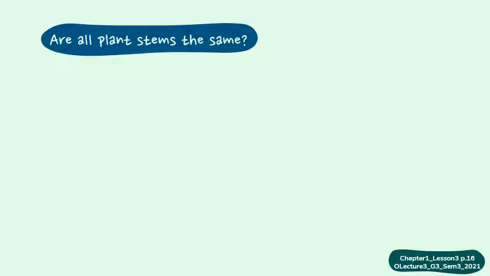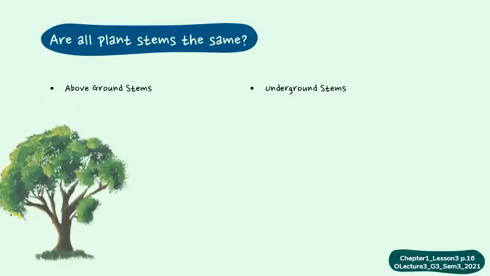Most stems grow above the ground, but there are also two types of underground stems. The 5 types of above ground stems are the trunk. The trunk is a woody, thick, hard stem that grows high and ramifies. It makes branches.